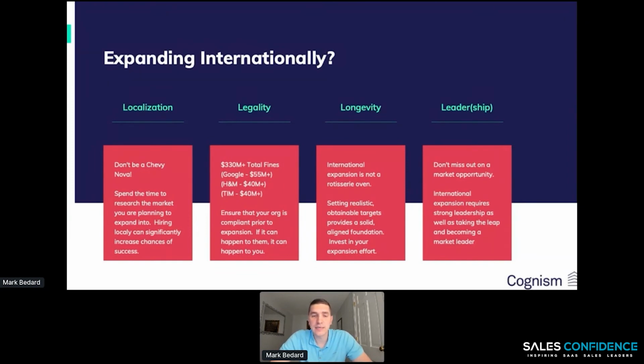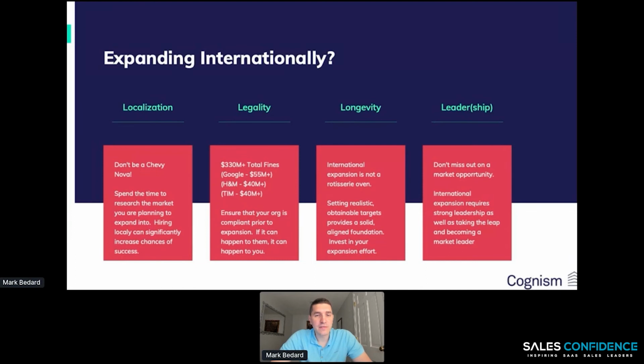A lot of large organizations out there, but I would really strongly advise everyone, if you're expanding internationally, know the legality, the regulations of conducting sales and marketing in that region. Ensure that your org is really compliant for that expansion, and that's a cross-functional effort. That's not just a sales effort. That's everywhere. Really ensure that everyone's buttoned up on that, and ensure that you're abiding by best practices to help with that.